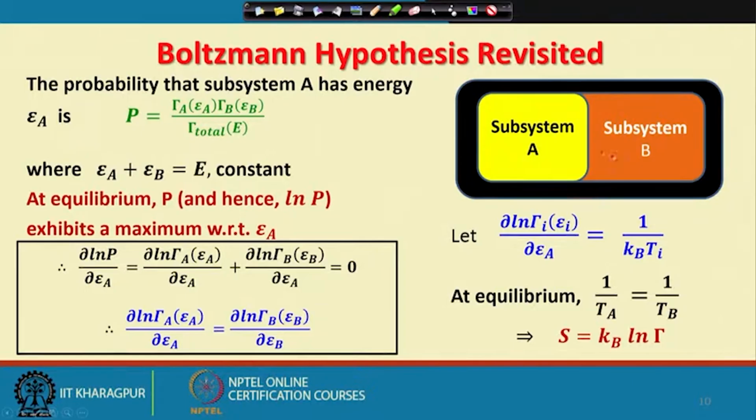At thermal equilibrium, you must have the temperature of subsystem A equal to the temperature of subsystem B. And then here you have shown that equality of these two quantities determines the equilibrium between the subsystems A and B. Therefore, this del ln gamma del epsilon must be related to the temperature, and if that is so, then by retracing my route back, I would say that ln gamma must be related to the entropy of the system, because del S del U is related to the temperature of the system.